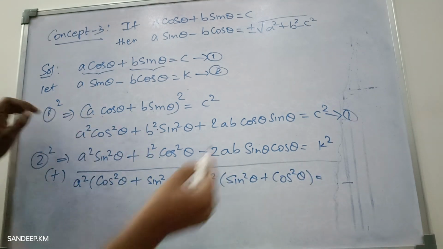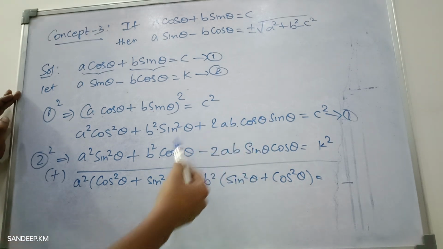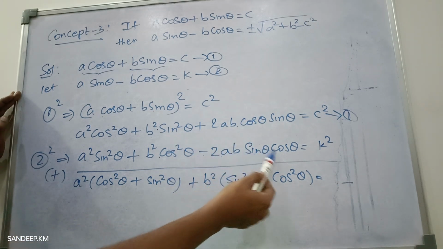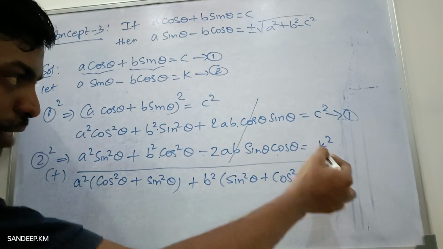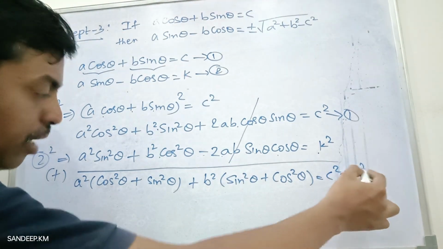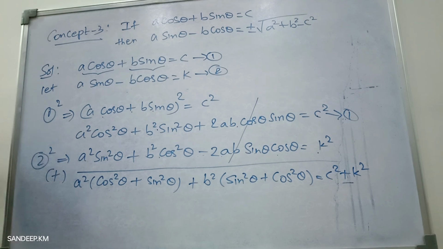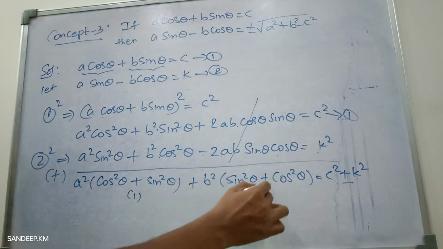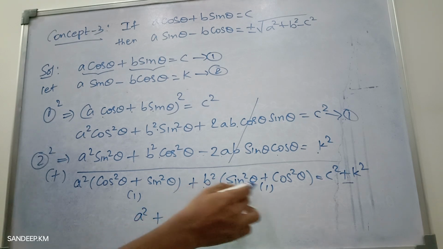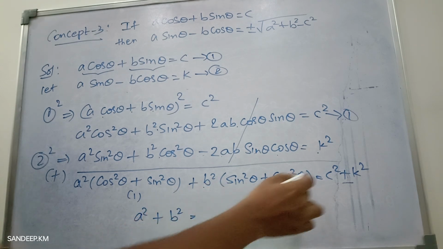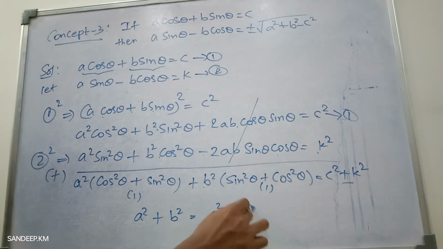And please observe that plus 2ab sin theta cos theta and minus 2ab sin theta cos theta will get cancelled. And you will get c square plus k square because you added on both sides. Okay now, so this is 1 and this is also 1. So a square into 1 is a square plus b square into 1 is b square, which is equal to c square plus k square.